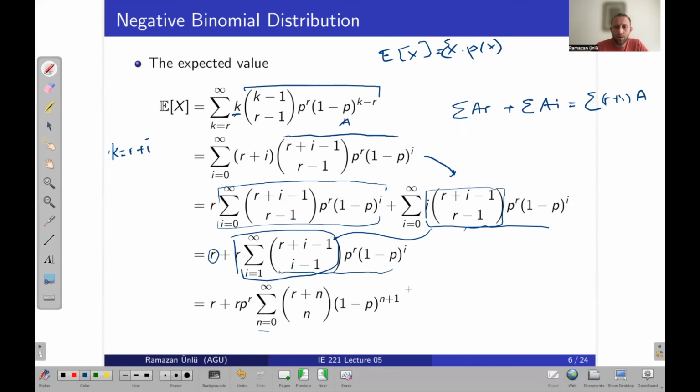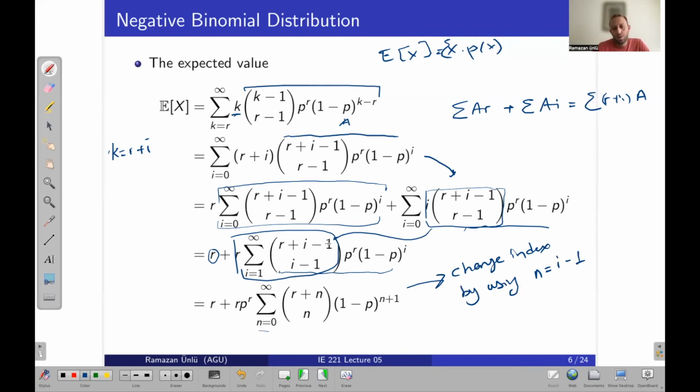Okay, here I just change the index by using n equal to i minus 1.